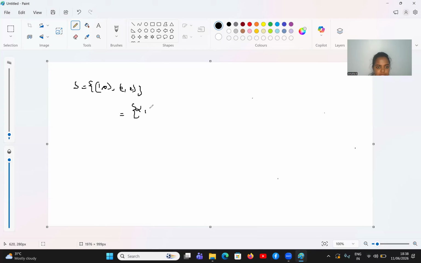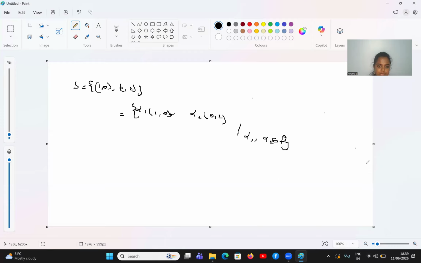Alpha 1 V1, that means V1 is (1, 0), plus alpha 2 into (0, 2), such that alpha 1, alpha 2 belongs to the field. Okay. Now, what is your set?